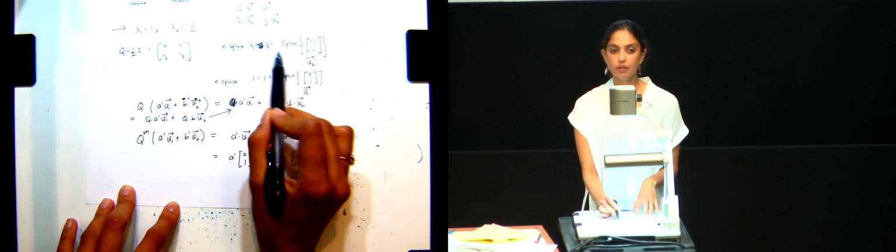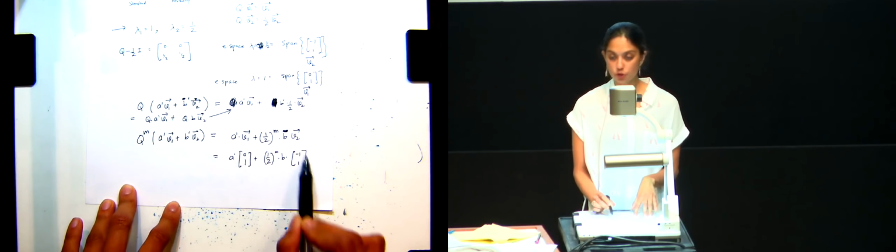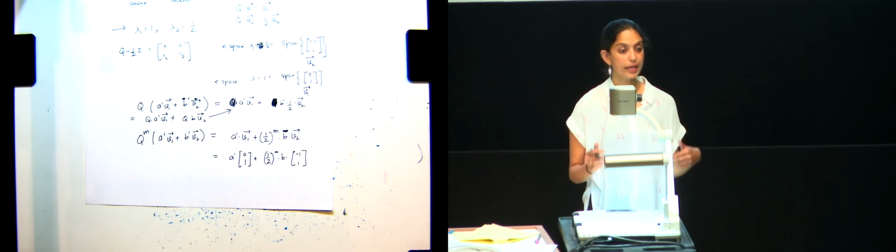And now when M goes to infinity, what do we see? Which component is dying off? Right? The component corresponding to the eigenvalue smaller than 1 is going to die off, but the component corresponding to the eigenvalue 1 remains steady.